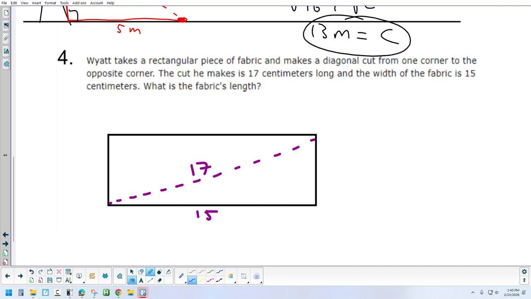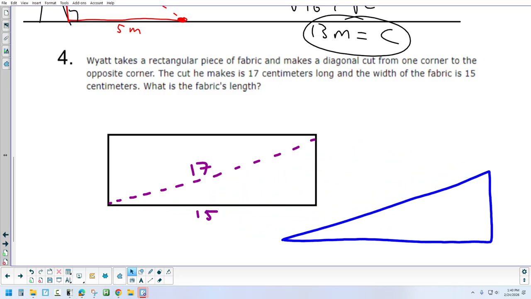So now we're looking at this triangle right there. That triangle in blue. The 17 is also called the what of the triangle? Hypotenuse. Yep. And 15 is one of the legs.